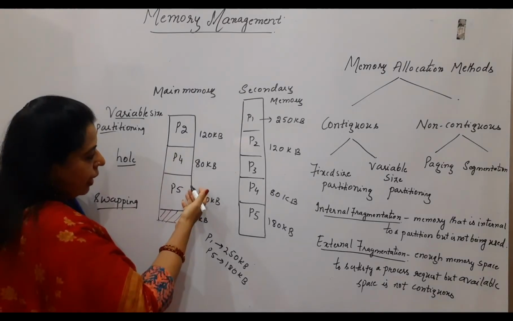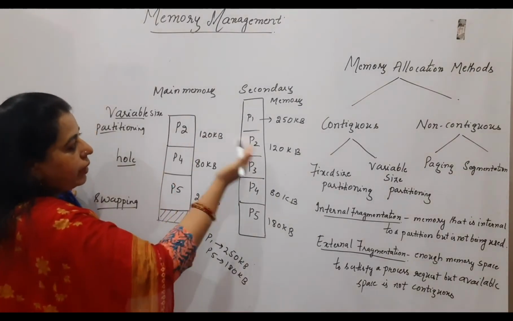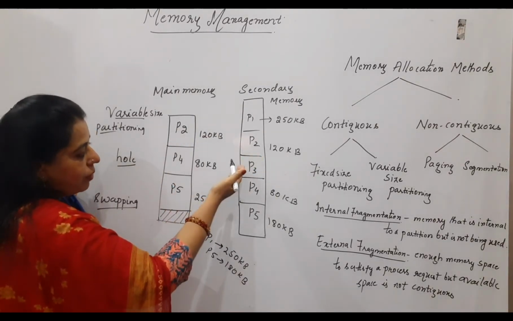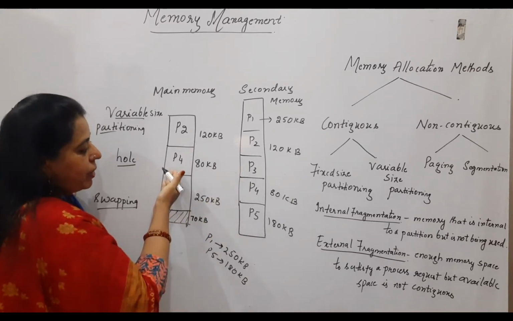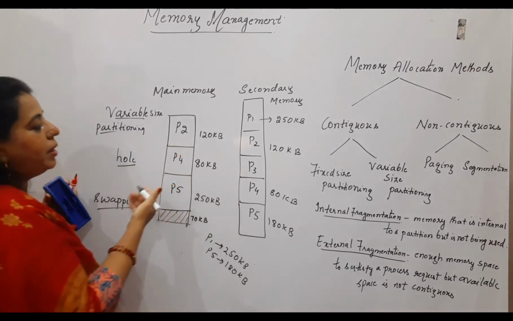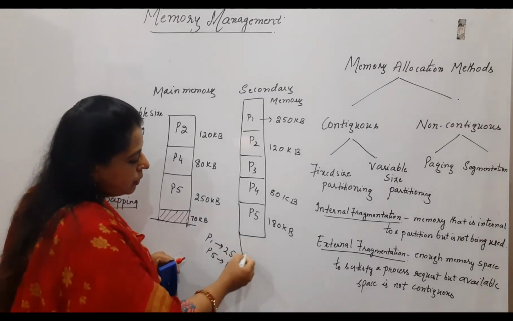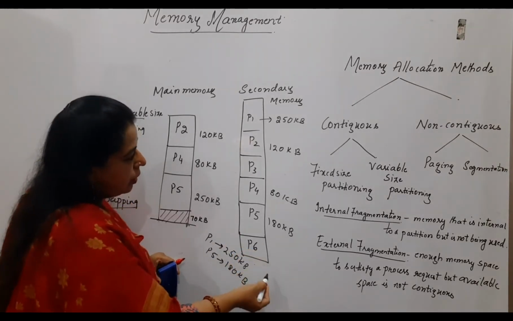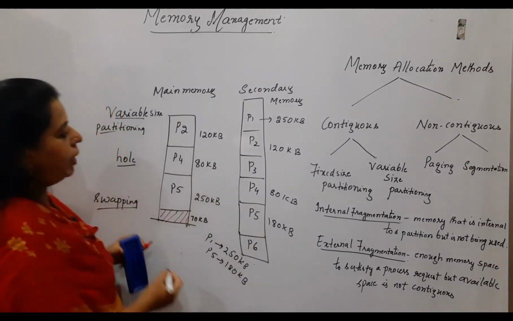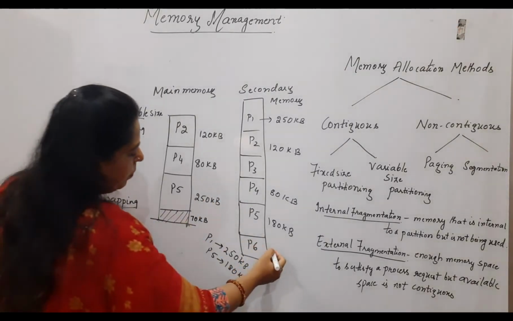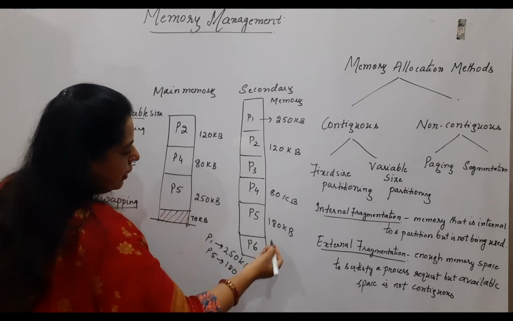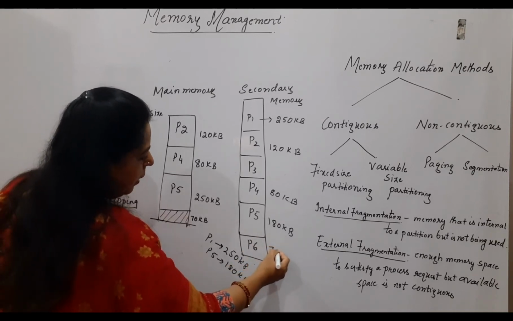And likewise, if other processes also get moved to the secondary memory, swap in and swap out takes place, then there may be a situation where you are seeing some more fragmentation. Let us assume that there is one more process in the secondary memory, and that process is moved to the main memory. Suppose P6 has a size of, let us take, 70 KB.